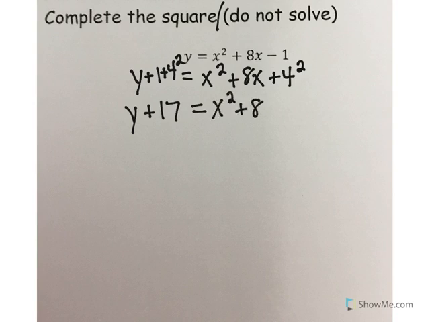Let's write it out as a standard form first. And next step is to simplify and make our perfect square trinomial into what? What's going to go in parentheses? X plus 4 squared. So x plus 4.